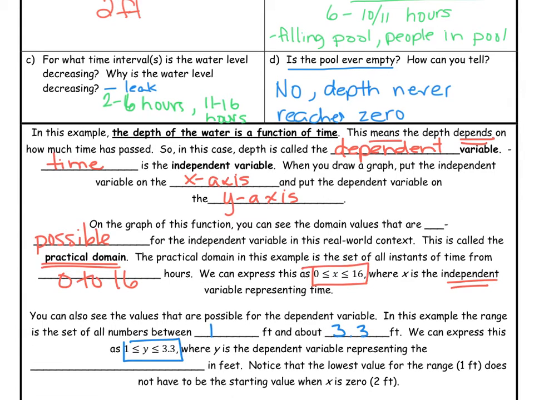Notice that the lowest value for the range is 1 foot. It does not have to be the starting value when x is 0, which is at 2 feet. So again, when we talked about maximum and minimum, what's the lowest point of the depth of the water? That is 1 foot. What was the highest depth of the water? That was 3.3 feet.